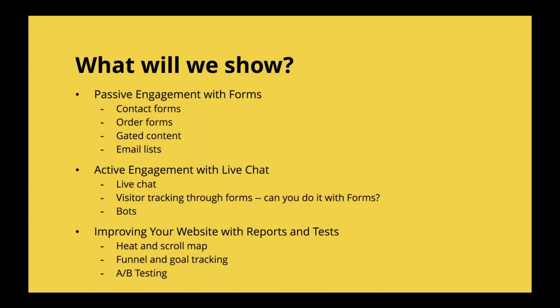Of course, that's then spurned us developing the ability to offer you bots where you can actually have your own bots on your website to help with assisting customers. And last but not least, we'll then talk about how you can use tools from Zoho to improve your website with reports and running different kinds of tests, like A/B testing, for example.